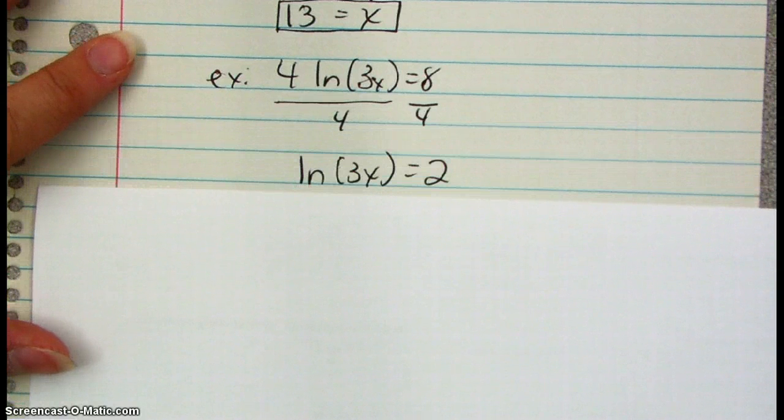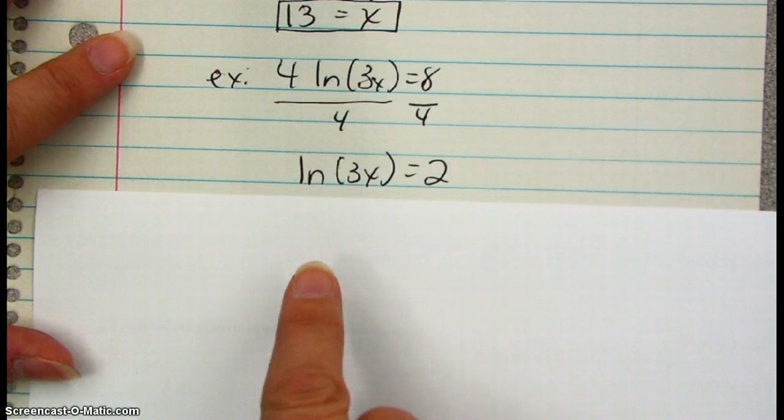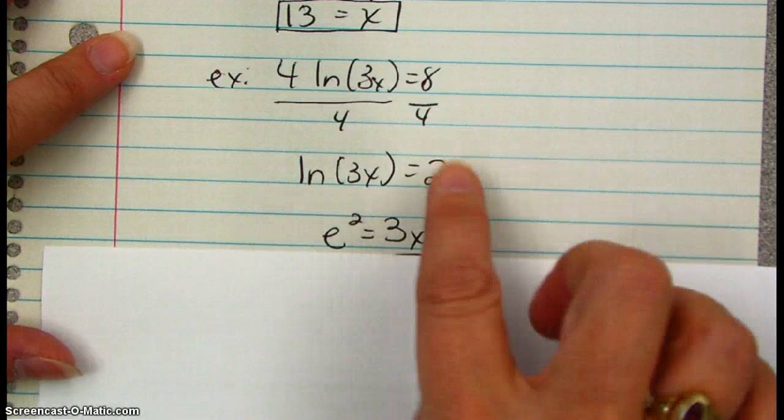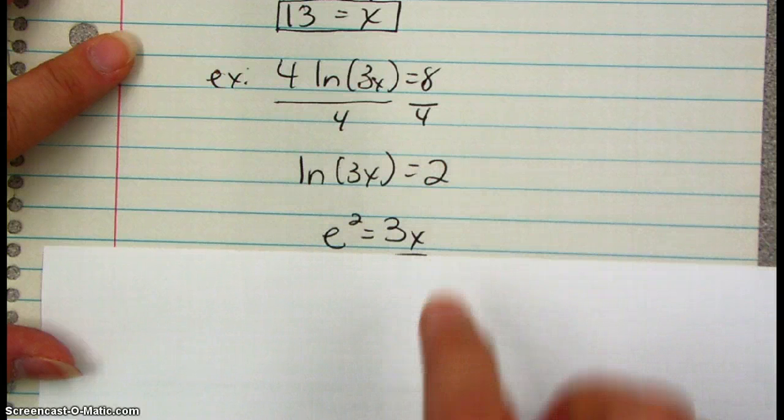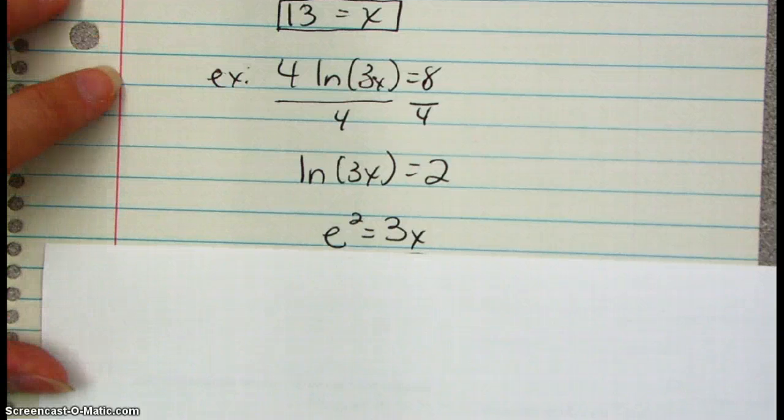So then I'm left with this problem. My x is still trapped. I'm still trying to solve for him, but now I can use that inverse definition. I can change it to exponential. Except what is my base here? e. Okay. So now it's e to the second power equals 3 times x. But now my x is untrapped.